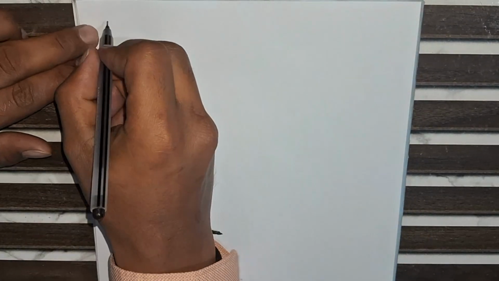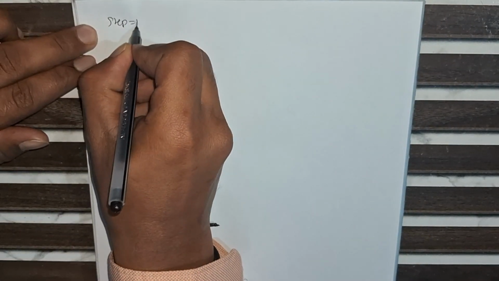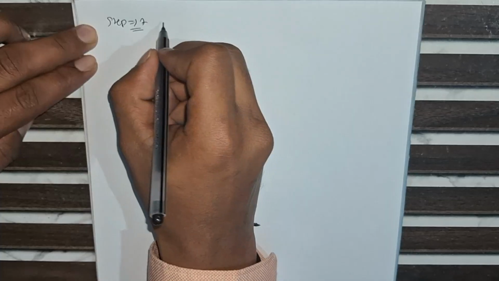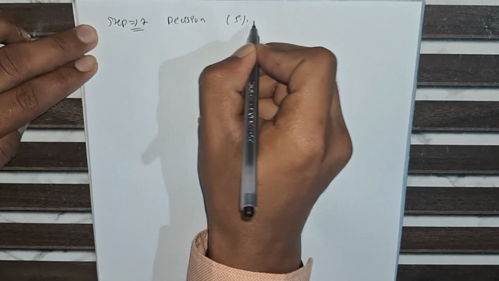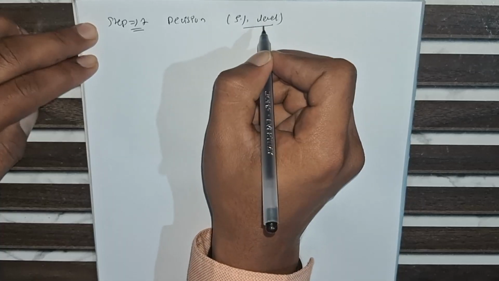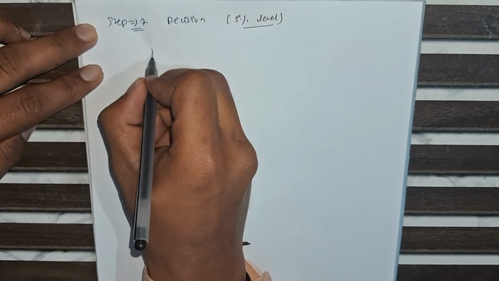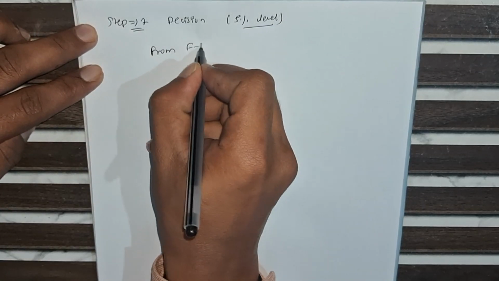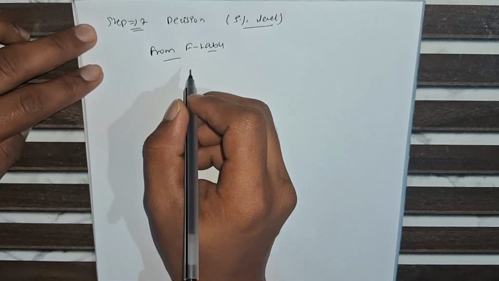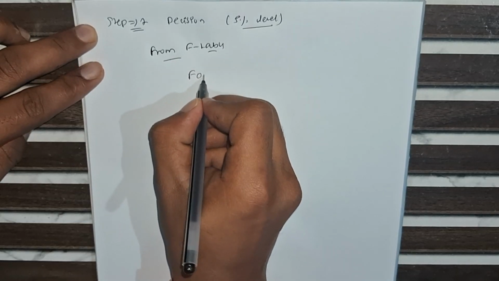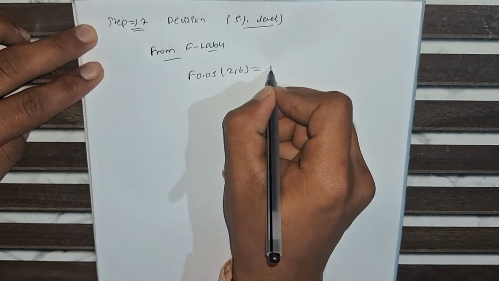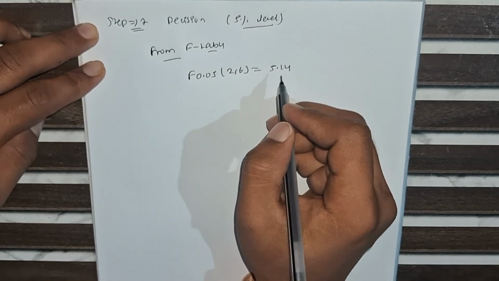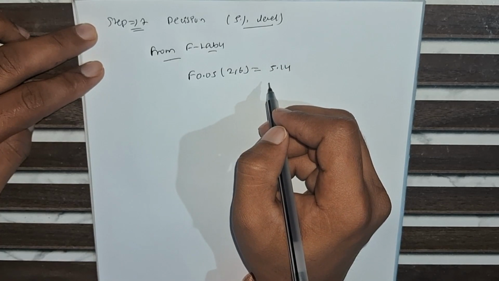So our last step is step 7, which is the decision at 5% level of significance. From the F table, F at 0.05 with 2,6 equals 5.14. This value is given in the table, so no need to worry about it.